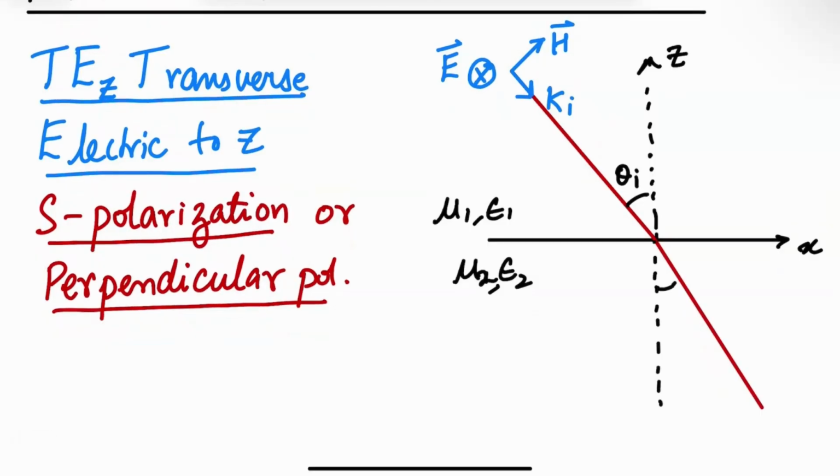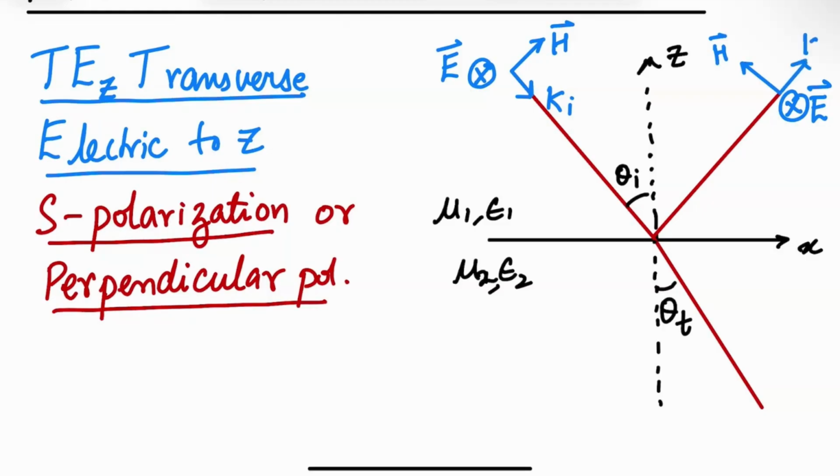We don't know what this angle is yet, theta t, and part of it reflects back, right? So then I end up with a magnetic field in this direction, and then my electric field is still in the same direction because the direction of propagation now is this way.